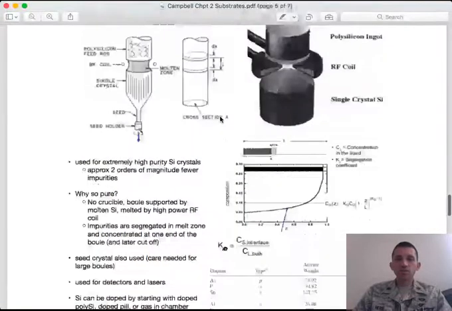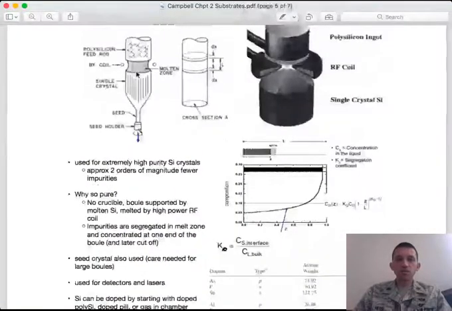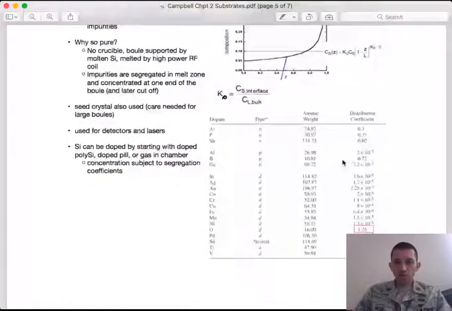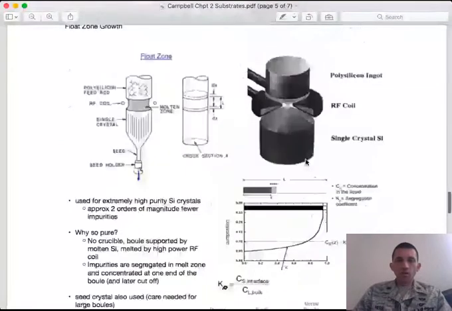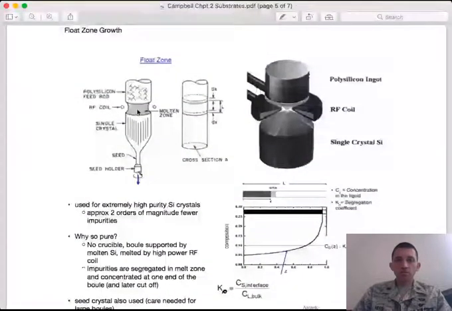So what that means is as you're solidifying the material, you're rejecting impurities, right? Most of these coefficients are much less than 1. As you're solidifying the material, you're rejecting the impurities into the melt.